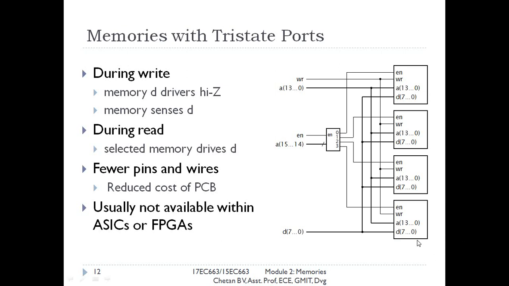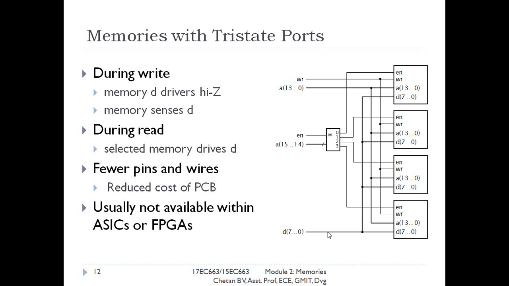Now what will happen is, during the read operation, the tri-state drivers of only this component will be active. The remaining components' tri-state drivers will be inactive. So this component can fetch data from its location and put that on this common bidirectional output line.